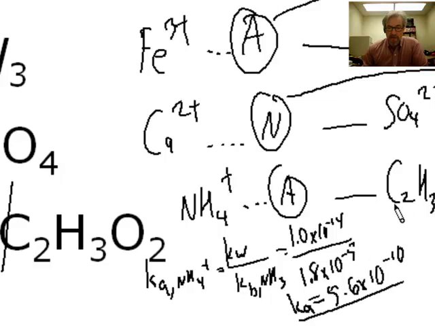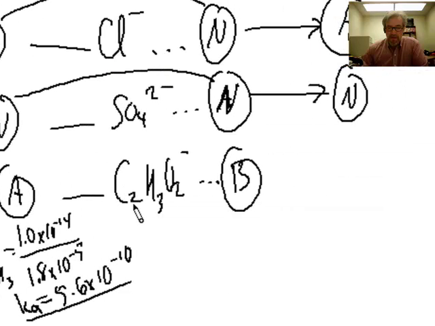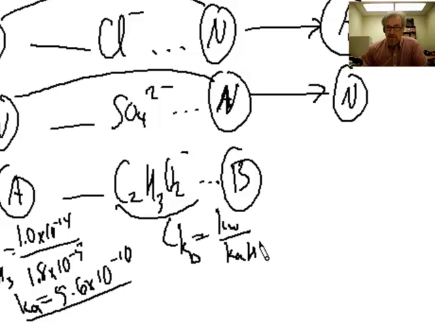Now let's do the same exercise for acetate. Once again, I'm probably not going to find a Kb for acetate, but I can find the Ka for its conjugate acid. So I can think about it this way. Kb for this base is equal to Kw divided by the Ka for its conjugate, which is acetic acid. And Kw, of course, is 1 times 10 to the minus 14th.